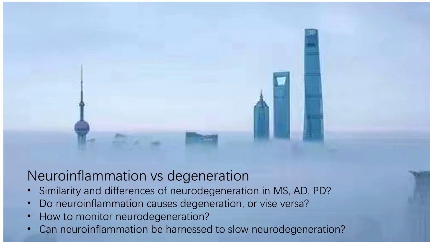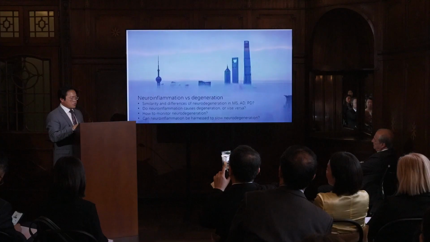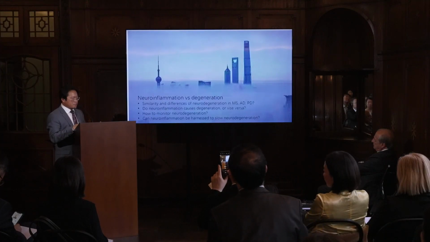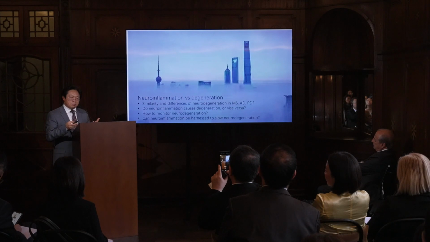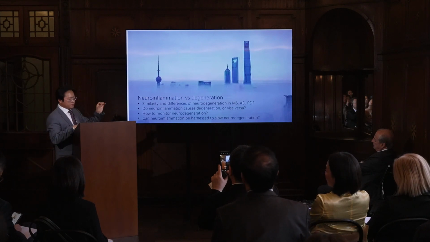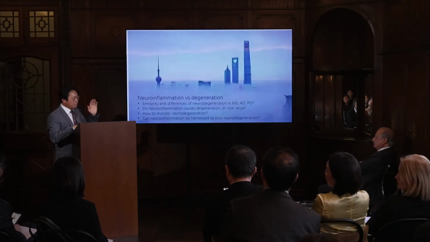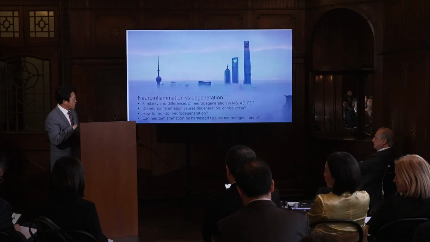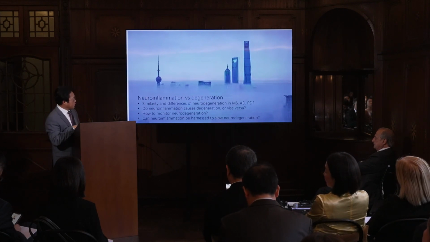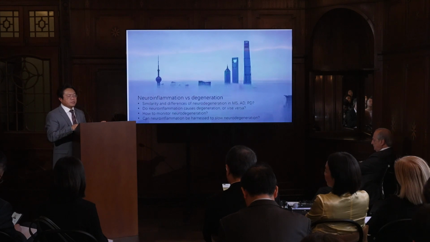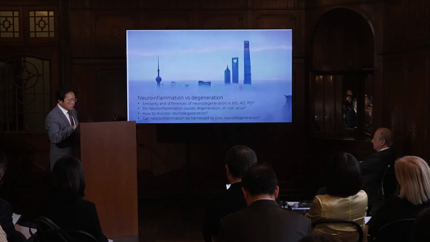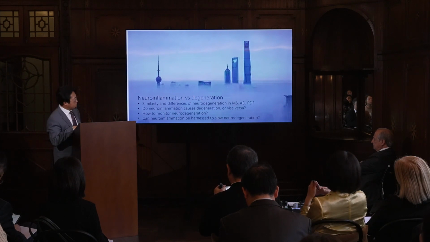We should be able to use proteomic or genomic approaches in conjunction with AI probably, so that we can have a better matrix to monitor degeneration. And we do see some hope that if we are able to modulate neuroinflammation as we did in MS, maybe neurodegenerative diseases will benefit from this approach.